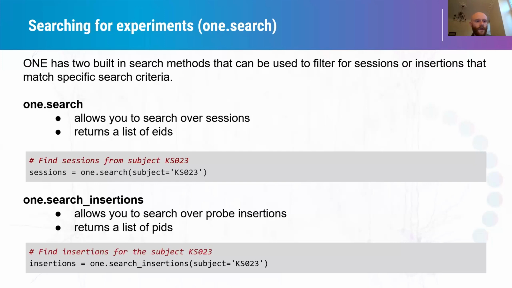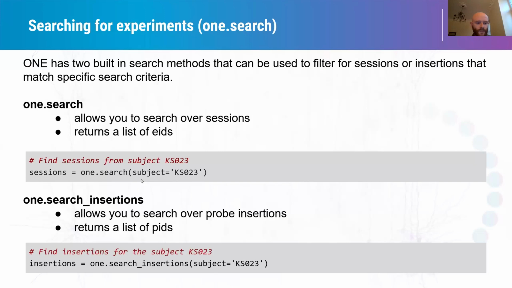So let's go through some of these methods. The first method is the search method, which allows one to search over sessions given any number of filters. So, for example, searching for sessions for a given subject. Another example would be brain region or sessions containing particular data sets.